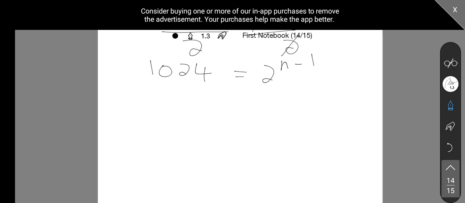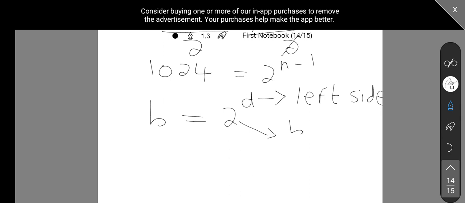If you have, let's say, an expression b is equal to 2 to the exponent d, and you want to solve for d, your d becomes the left side. Your 2 becomes the base, and the b becomes the number.